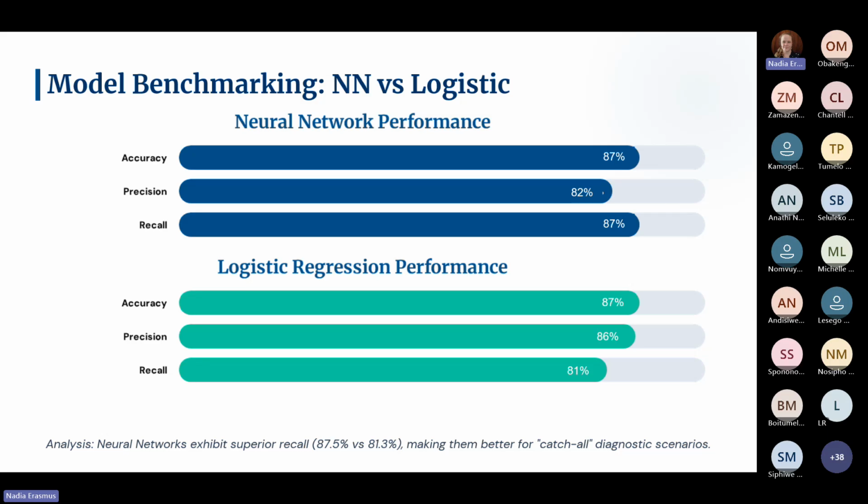The precision of the logistic regression is better, but the recall of the neural networks is better. So we're going to have neural networks is better at recalling. So it's a better catch for diagnostic scenarios. So this is diagnostics, so medical scenarios.